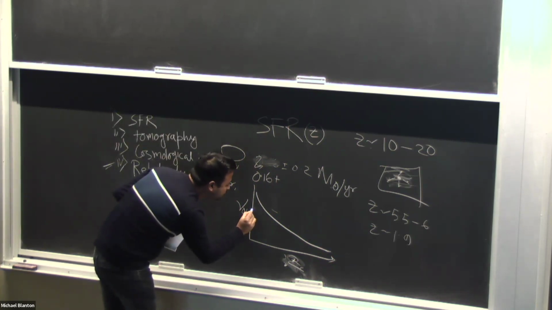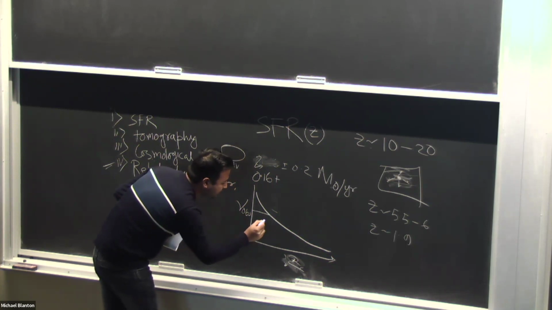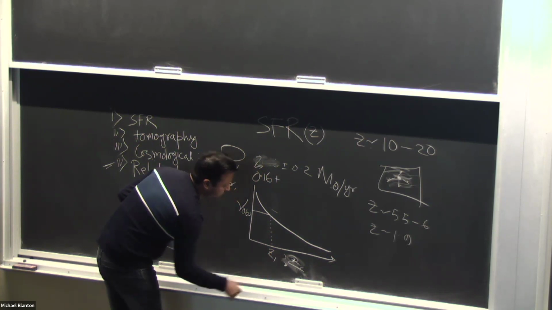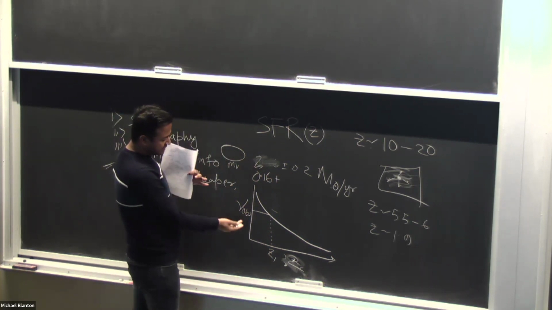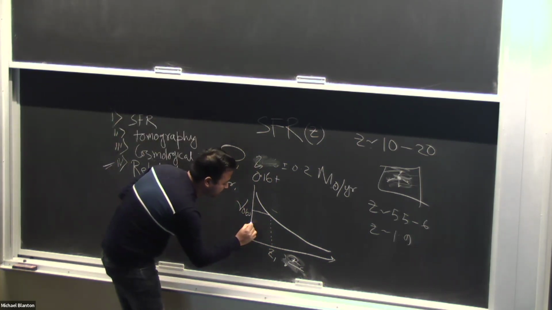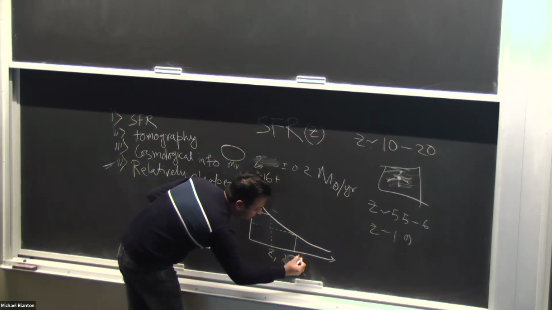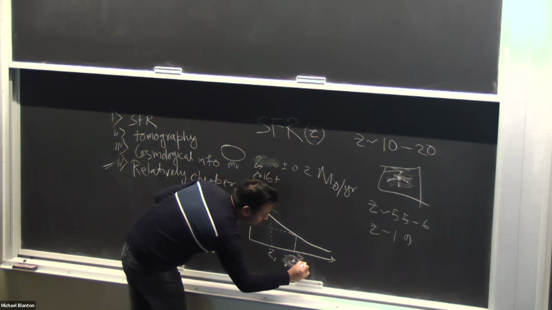So if I choose an observational frequency like this, I can probe the universe at this redshift. Now if I change the observational frequency of my experiment to another frequency, I observe the universe at a different redshift.